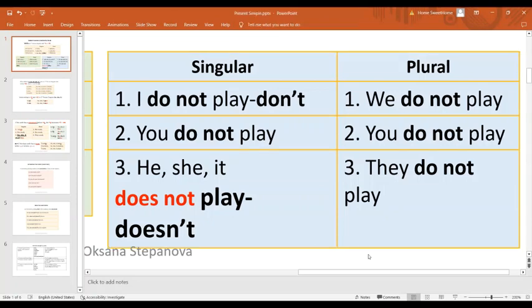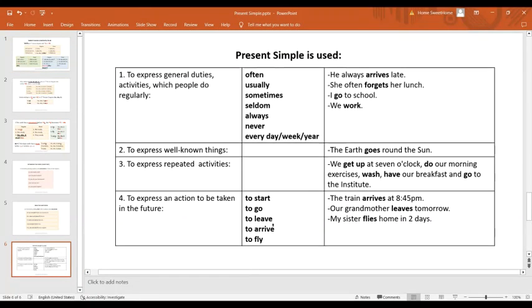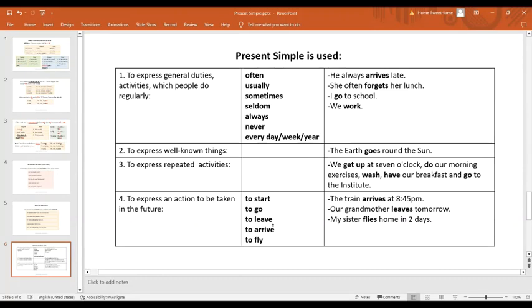All right, so now I need to tell you what this present simple means. Present simple is used to express general duties, activities, which people do regularly, like every day.